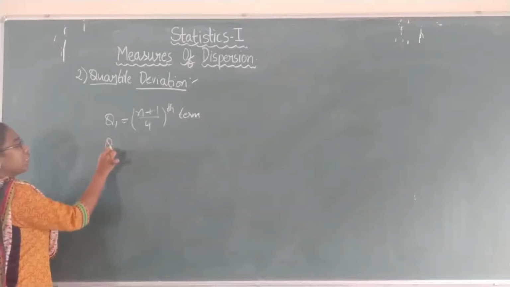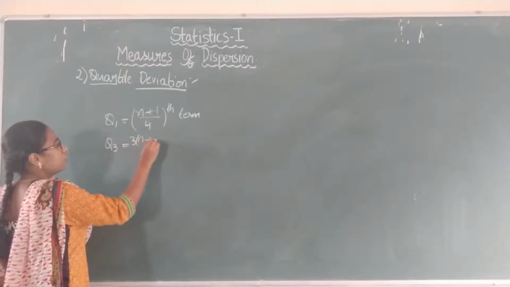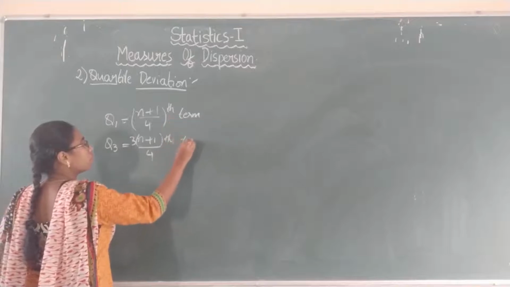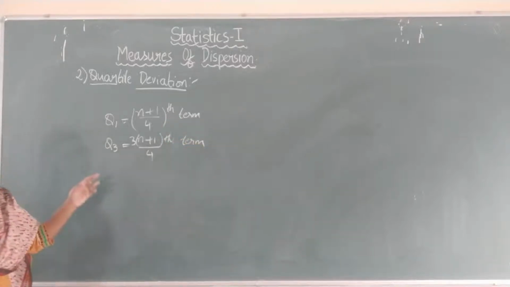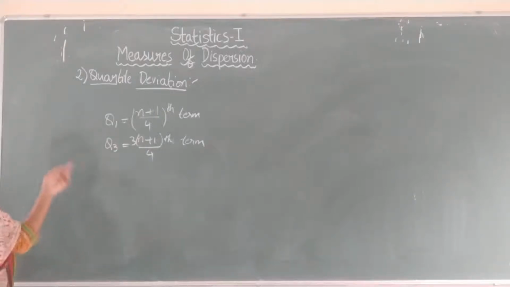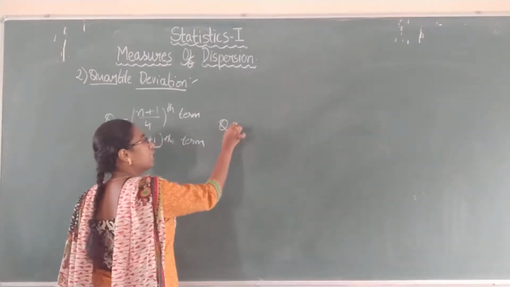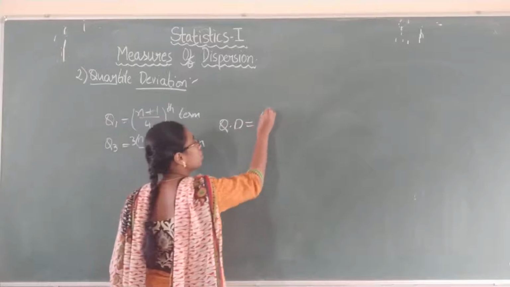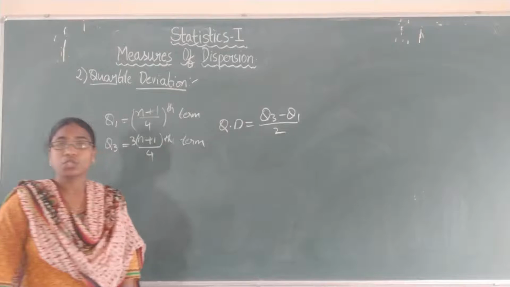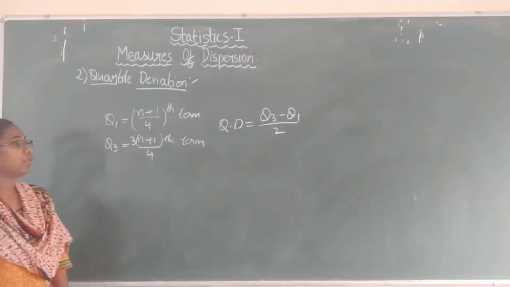Similarly, Q3 is calculated by the 3 into (n plus 1) by 4th term, in the ascending order. After getting Q1 and Q3, the quartile deviation, denoted as QD, is equal to Q3 minus Q1 divided by 2. This is the formula for the quartile deviation under ungrouped data.